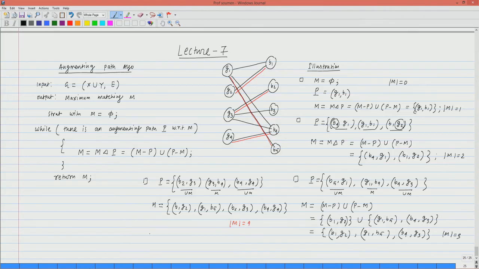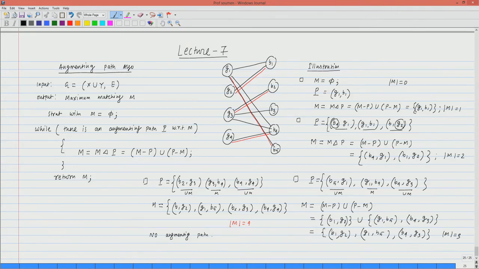So, no augmenting path, because of the obvious observation that all the girls are matched. So, you will not get an augmenting path. An augmenting path is always from one unmatched boy to one unmatched girl.